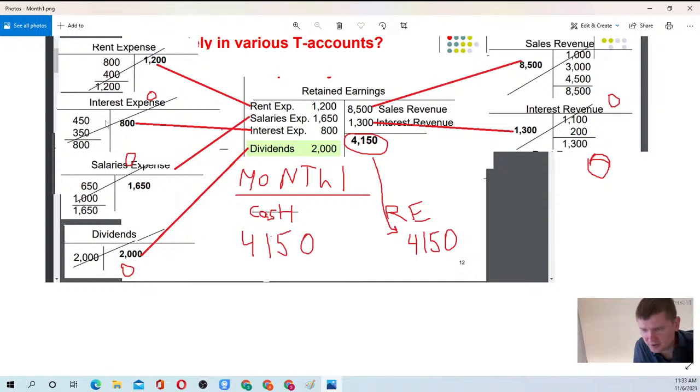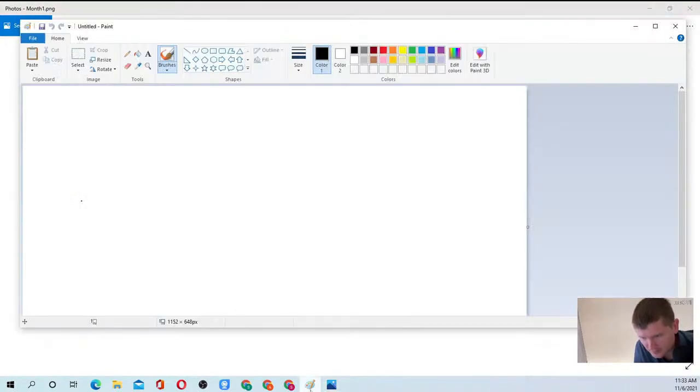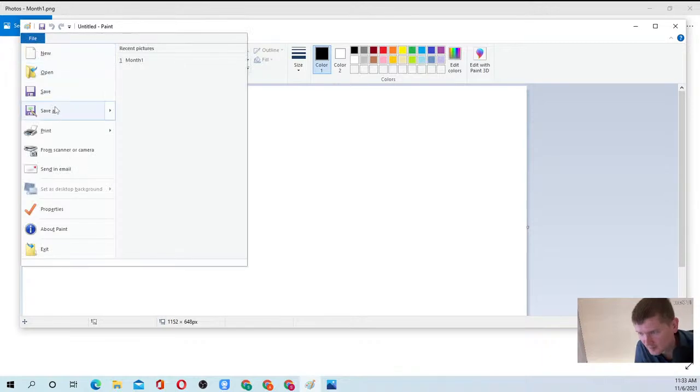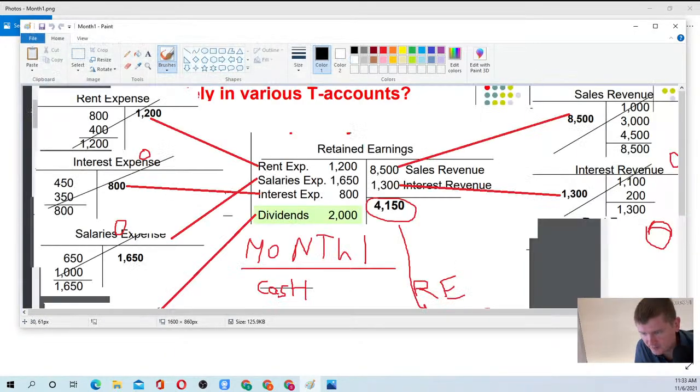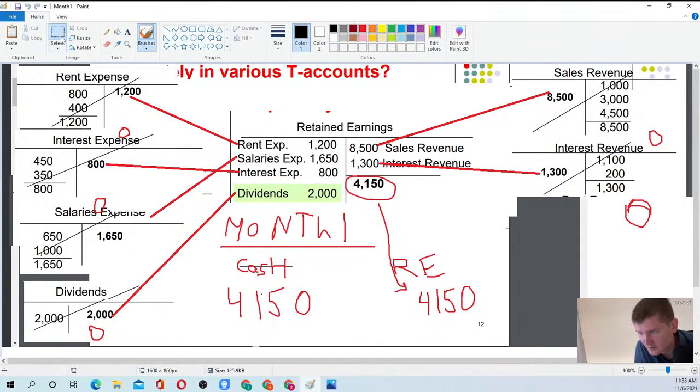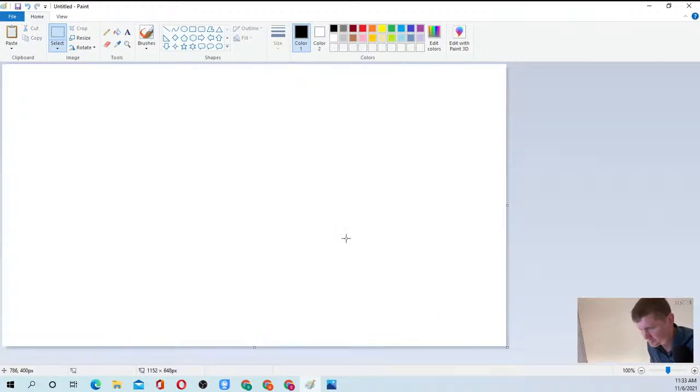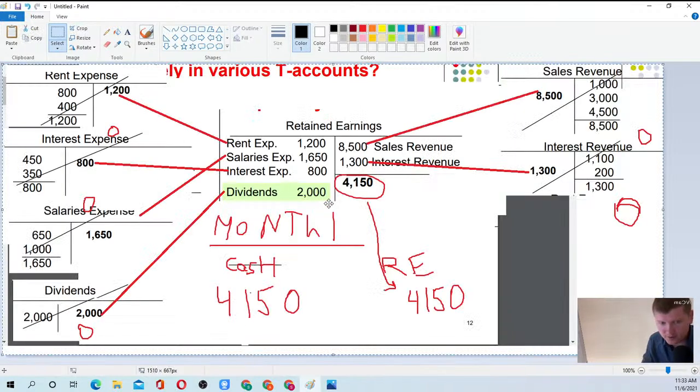But let's, for example, take expenses. Let's copy just about everything and paste it here.